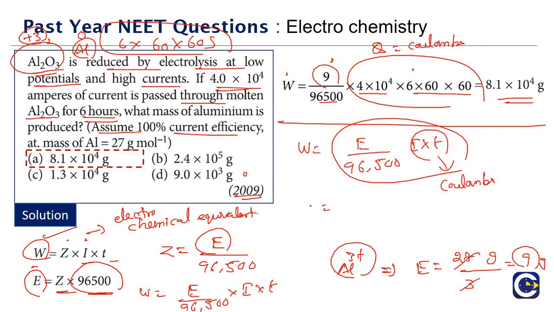Otherwise we have another formula, W is equal to E into Q, where Q is charge in Faradays. Because 1 Faraday is the charge on 1 mole of electrons, so if you have 1 mole of electrons charge, we will exactly get the equivalent weight of the substance deposited. So the answer for this is option A.